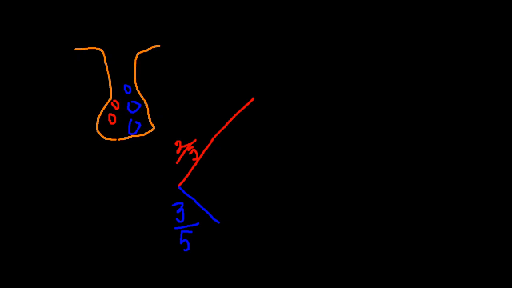Well, if we remove the red, then there's one less red, and there's one less ball from the entire thing. Let me make it clear that this is our node we're starting from. So the probability of us getting a red now is 1 over 4, because there's only one red ball once we've taken out one, and the total has gone down by 1.